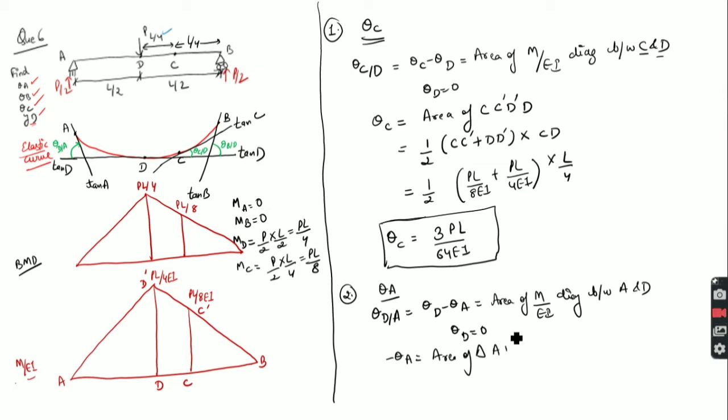So it will be half into AD into DD dash. AD is L by 2, DD dash is PL by 4 EI.